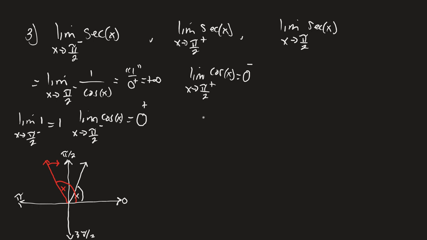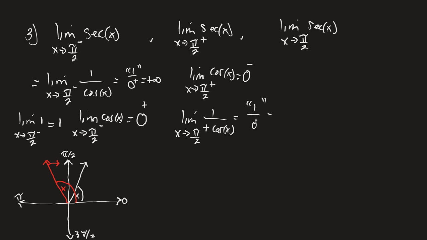That means, when we put it all together, the limit as x approaches pi over 2 plus of 1 over cosine x, that is 1 over 0 plus. So again, the 0 plus here is indicating a small positive number, and then 1 divided by a small positive number is a large. Oh, I'm sorry. This is 0 minus, not plus.